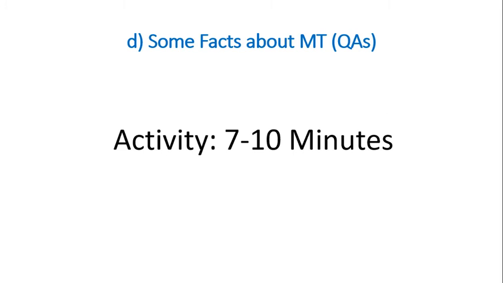So the activity: think about one, two, three at maximum, more than three maybe possible within the given time limit, and write down your answers in simple language in your notebook, and then you should have a few minutes to discuss them among yourselves.